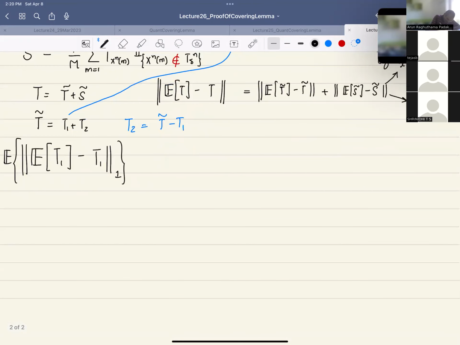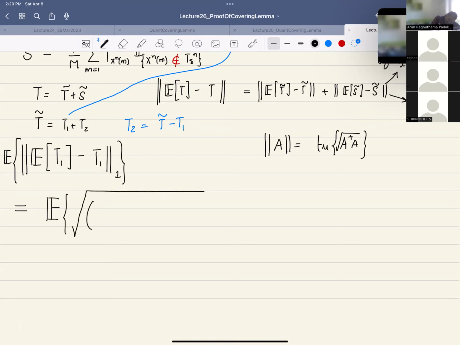I started last time and I'll continue. So this is the expected value of the trace of the root of A dagger A. You know what the root of an operator is? I'm going to just switch the T1 and the expected value: T1 dagger T1 minus expected value of T1.